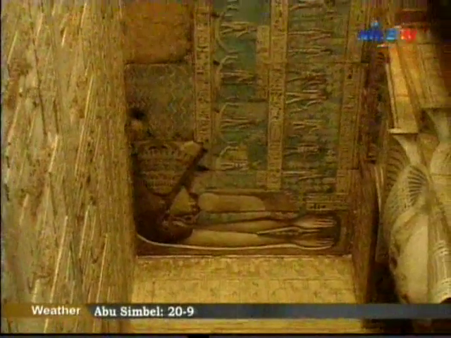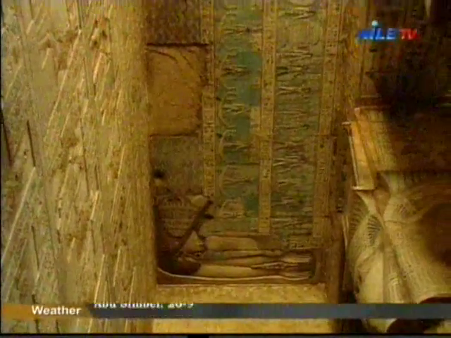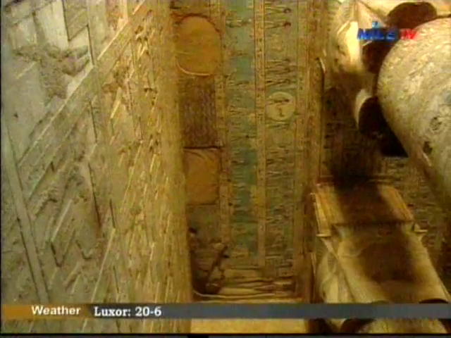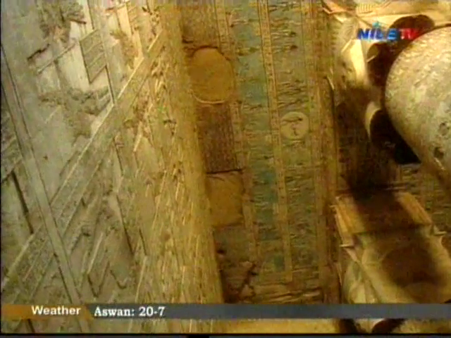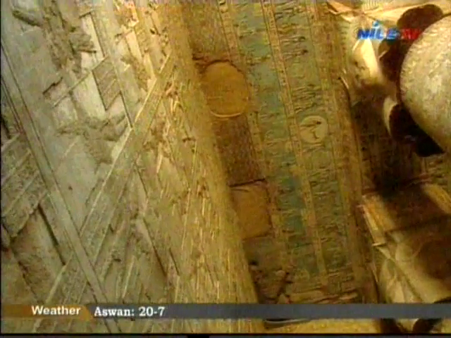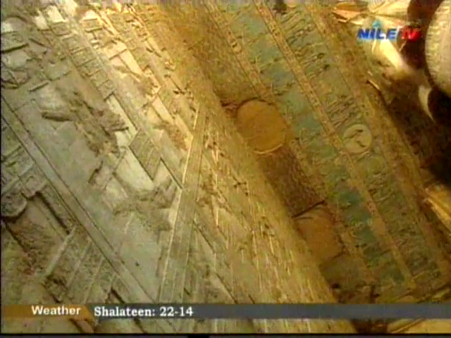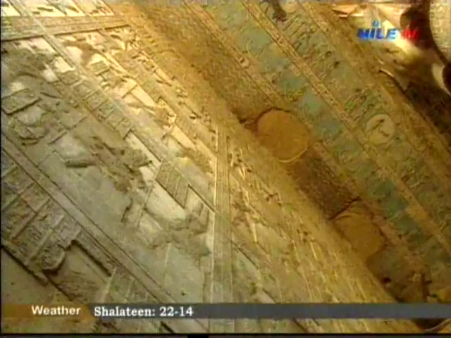These ceilings include astronomical texts that describe the 70 days which each group of stars spends in the netherworld. We can't help but notice the connection between this period and the 70 days of mummification.